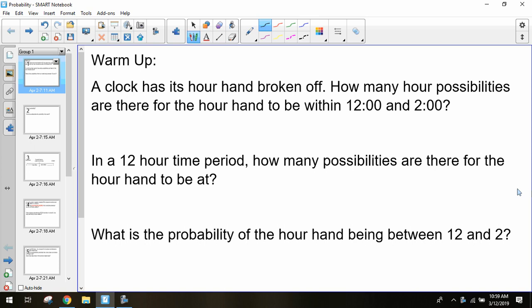Just taking the actual full numbers, we have 3 possibilities. We have 12, we have 1, and 2. Those are our only 3 possibilities.